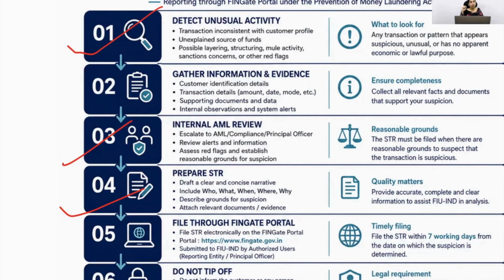We have to do this SAR filing on a timely basis. Now, what is the time? So 7 working days from the date on which the suspicion is determined. So for example, today is 10th June 2026. So maximum within 7 days of today's date, you have to file the SAR.